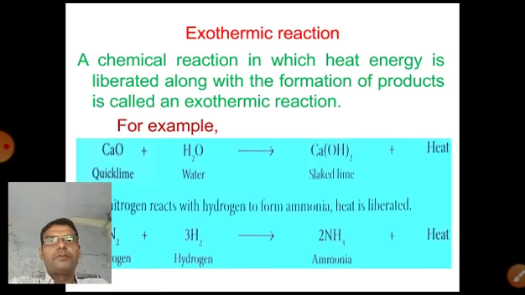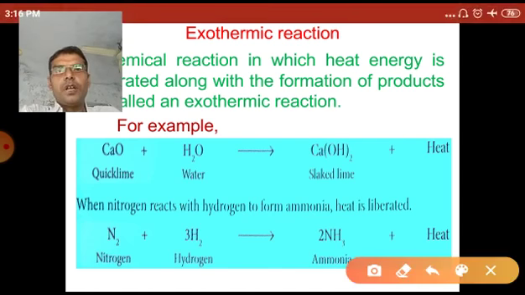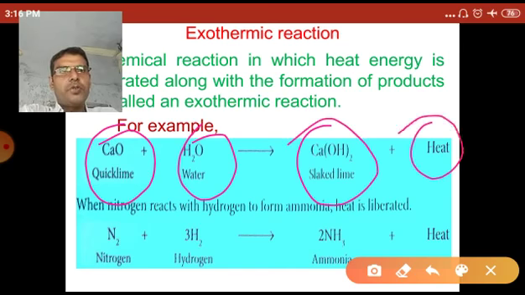As for example, when calcium oxide, quicklime, is added into water, it forms slaked lime, calcium hydroxide, and produces a lot of heat. Calcium oxide, quicklime, is also called chuna.